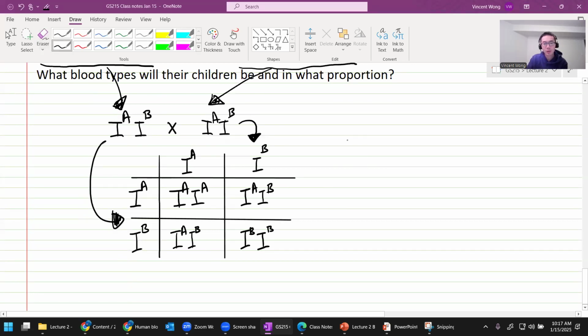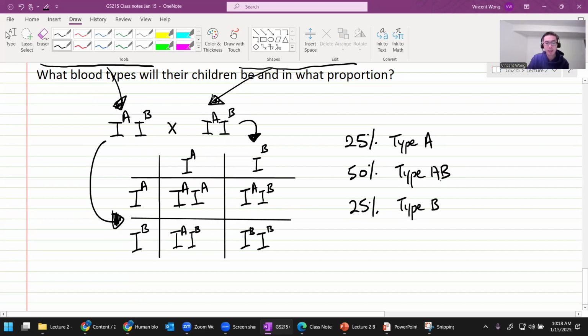There will be a 25% chance, 1 out of 4, that their kid will have type A blood. 50% chance type AB, and 25% chance they will be type B. Is that okay?